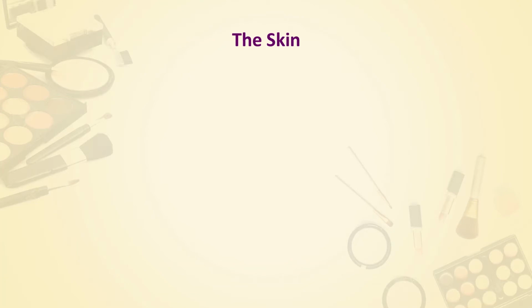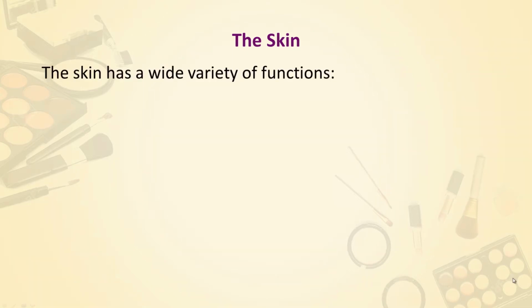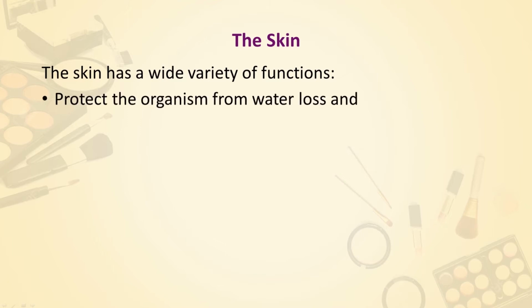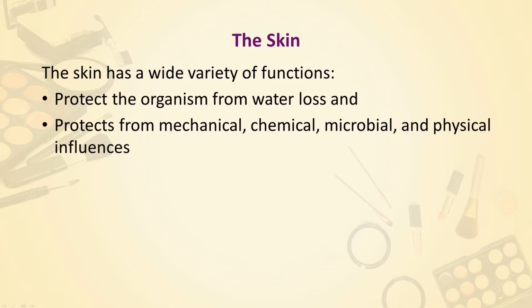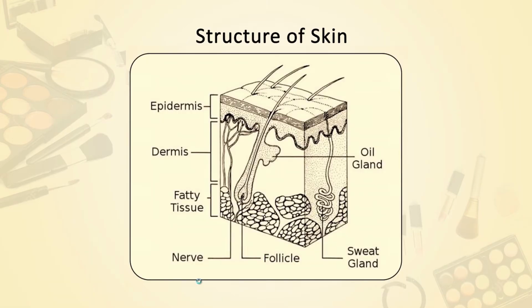Human skin serves as a permeability barrier against the transdermal absorption of various chemical and biological agents, and skin has a wide variety of functions. Protective: skin is a protective layer, it protects humans from the external environment and from mechanical, chemical, microbial and physical influences.